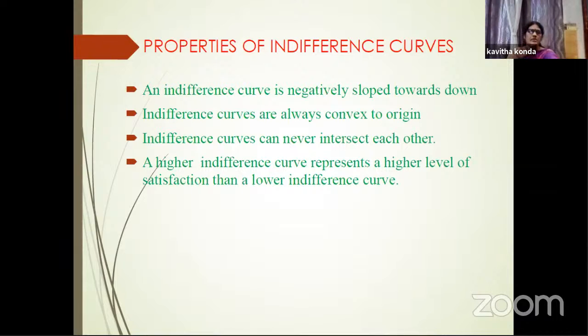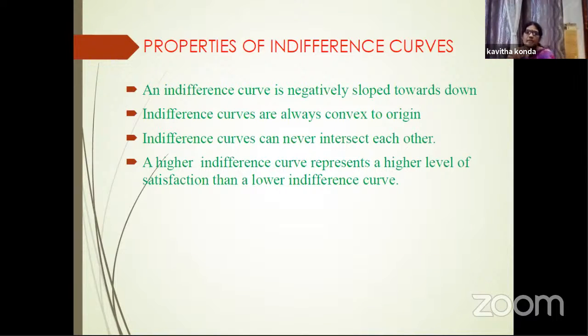Indifference curves, here we can see in the map, you saw that the curve is sloped from left to right downwards, isn't it? The indifference curve going left to right downwards means the slope is negative. As one element increases, the other element decreases.